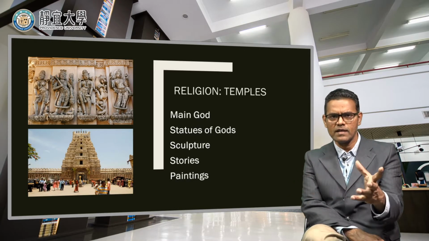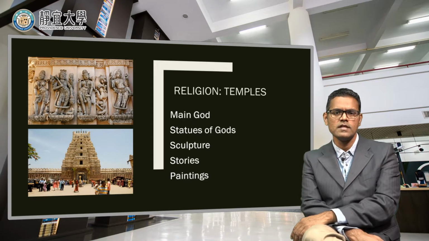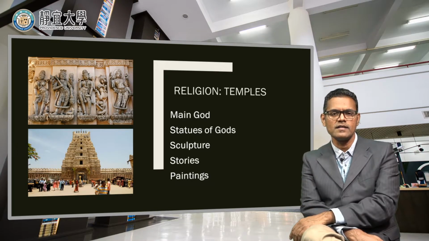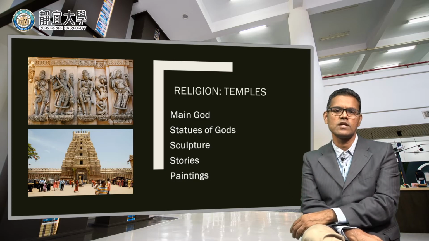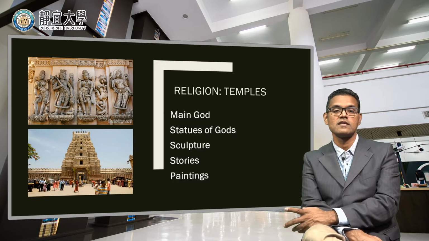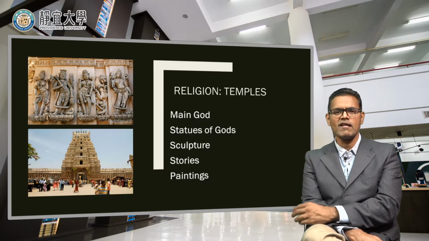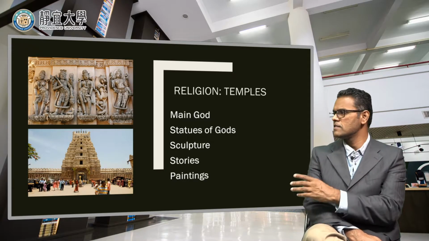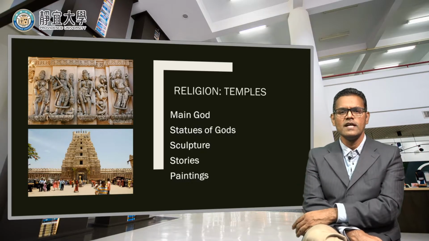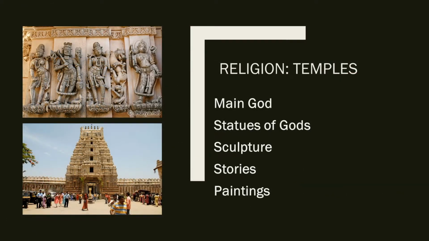There are again many gods inside the temple. There's one main god, and then there are, let's say, 10 to 20 gods in a temple, okay? So the main god and statues of the gods, you can see some statues here, right? And most of these temples are from the south, the southern part of India, and most of the statues, right?